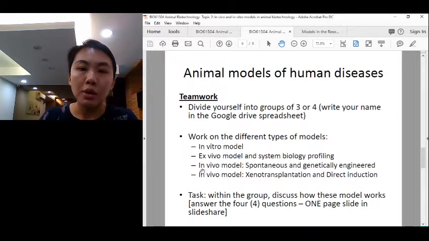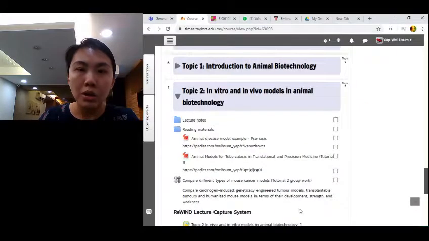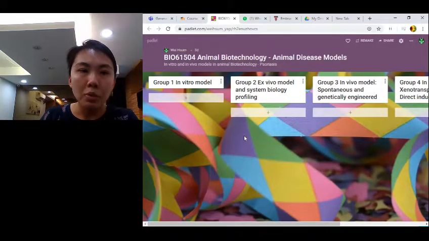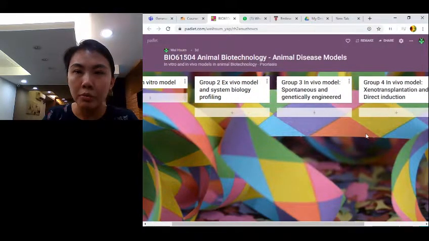You will work on these models using the Padlet wall, so you will need to go to Times, look at the reading materials, where the slide is, and click into the Padlet wall. In the Padlet wall, you would have four groups.